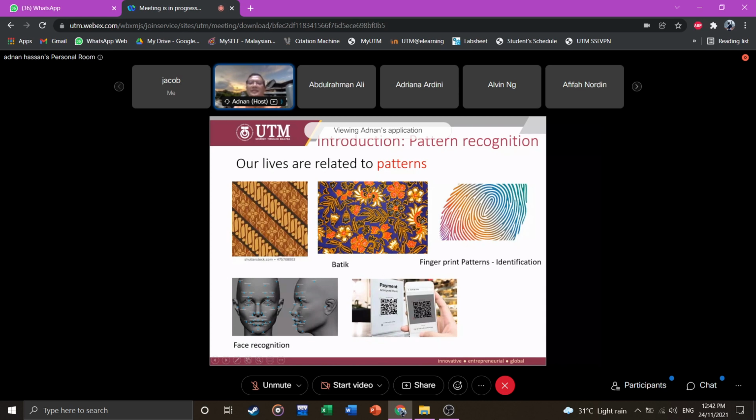Okay, you just scan. This also pattern. What pattern is this? Now in MySejahtera also you need to scan. You see this pattern. What do you call this pattern? QR. Okay, QR. By our naked eyes, we don't know what it is. I just scan out. We know that this is location that where you are in. Okay, so pattern recognition is very important.